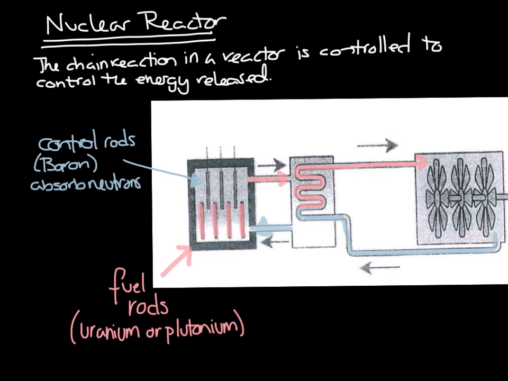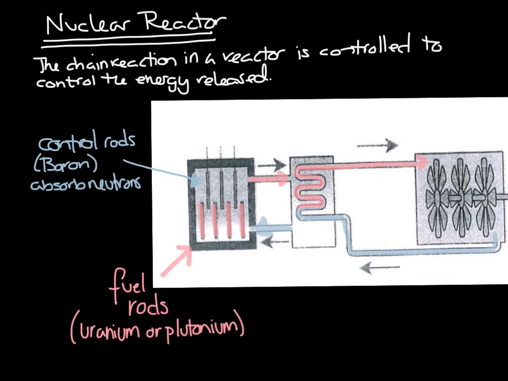And the neutrons come out of the fuel rods and they travel over to another fuel rod where then more fission can take place. But what we do to control the chain reaction is we put these control rods, we lower them into this gap here, in between the fuel rods. The control rods are made of boron and they absorb neutrons, so they can't take part in any other fission reaction. So that's how we control the chain reaction.